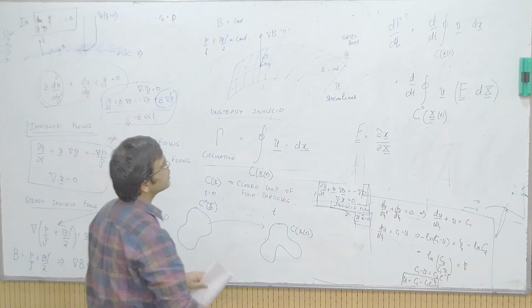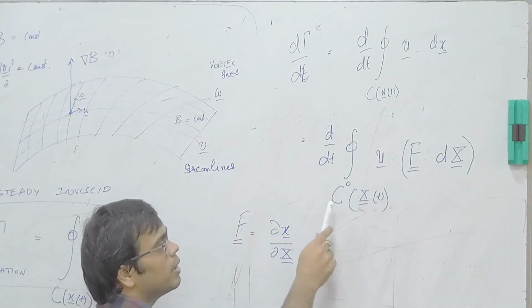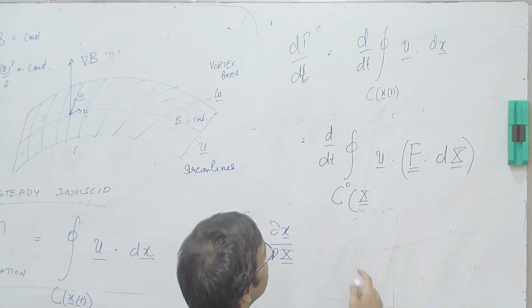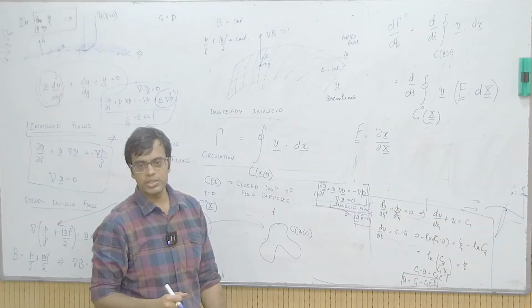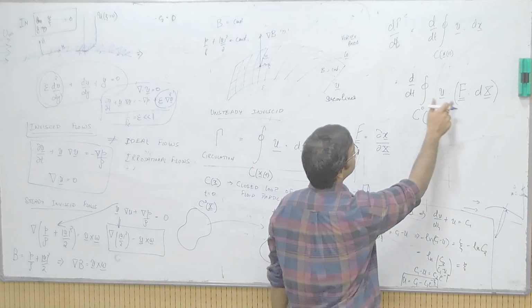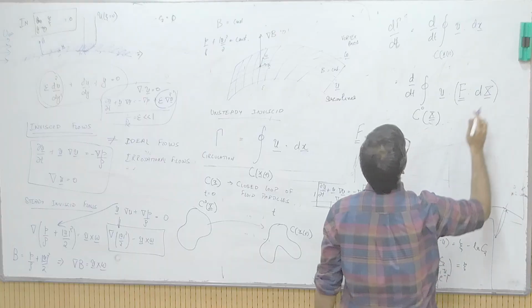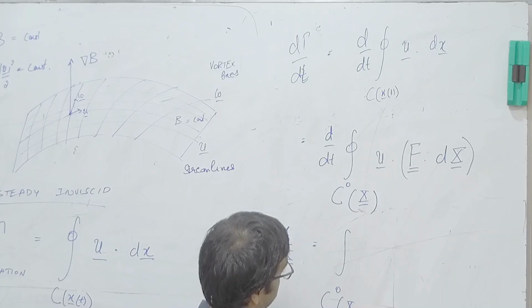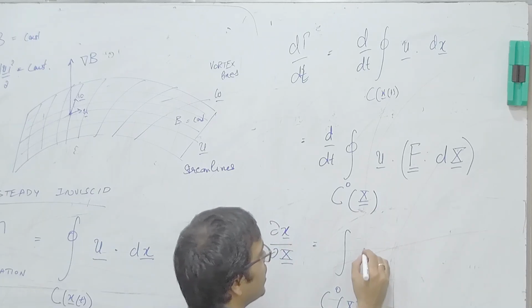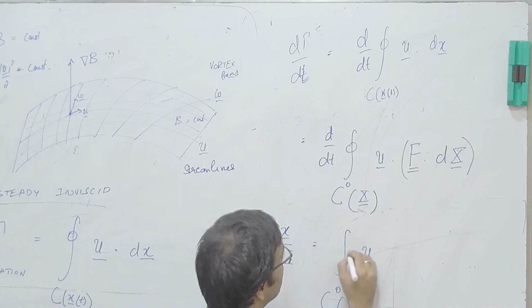Okay, and the reason for doing this is because my limits are not functions of time anymore, because these are material coordinates. So I can take this d by dt inside and I will get, so this was the exact same way we derived the Reynolds transport theorem.